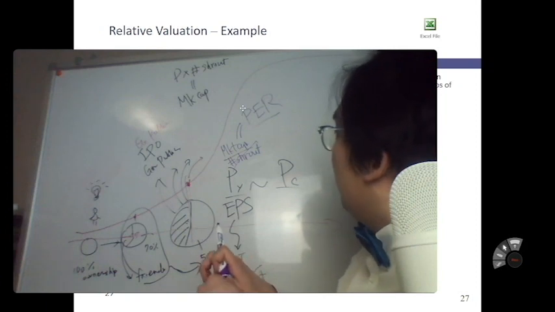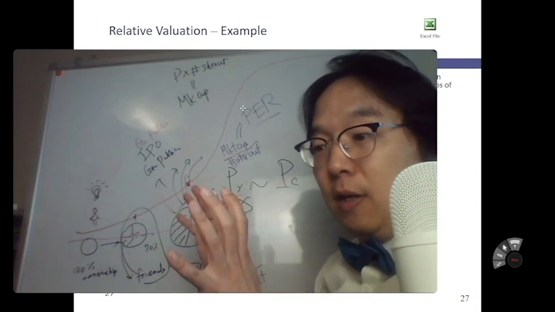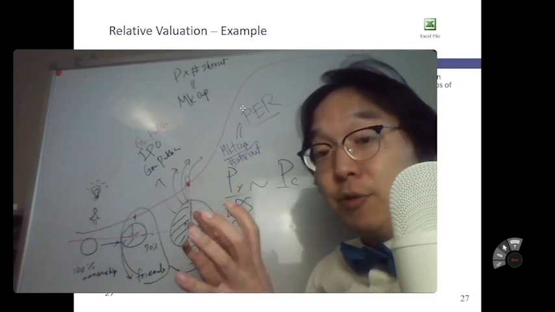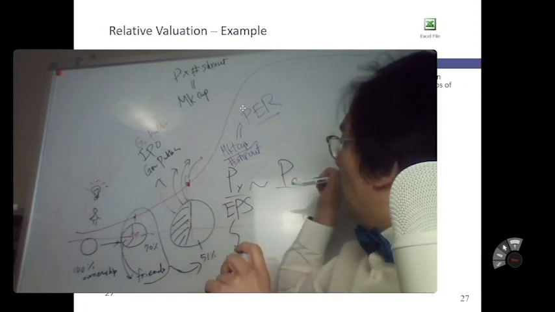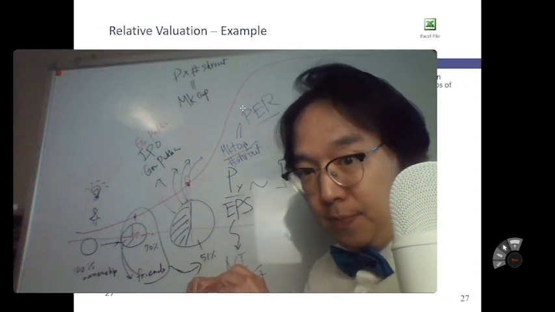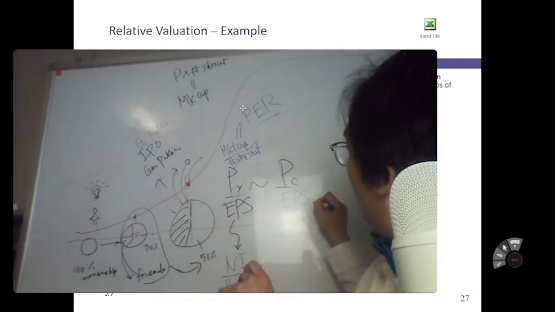Now, the PE ratio is our most typical, popularly used relative valuation metric. So bring the PE ratio of your competitors, the EPS of your competitors.